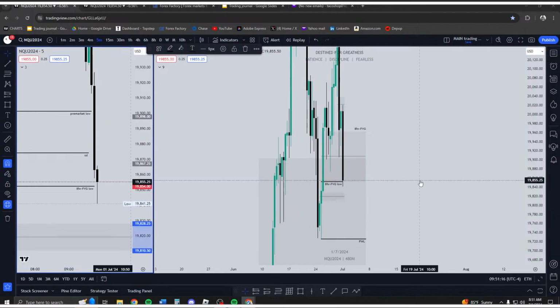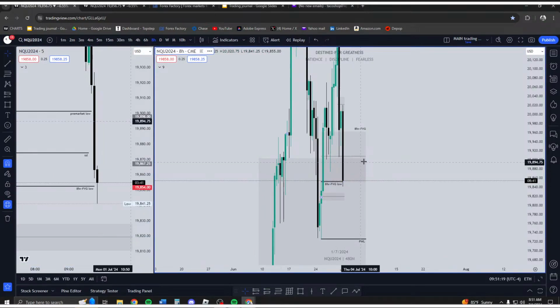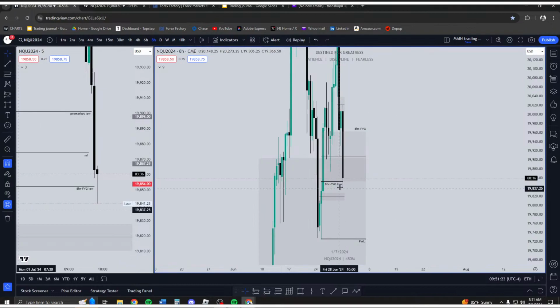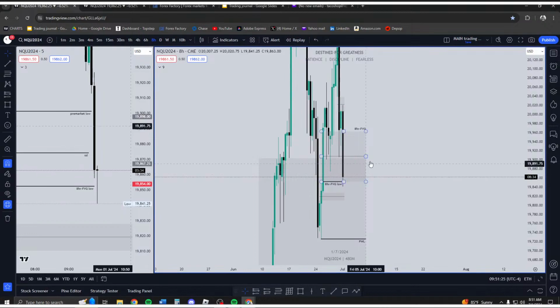It depends on if we can close below this 8-hour FVG's low here, so we can rebalance this.